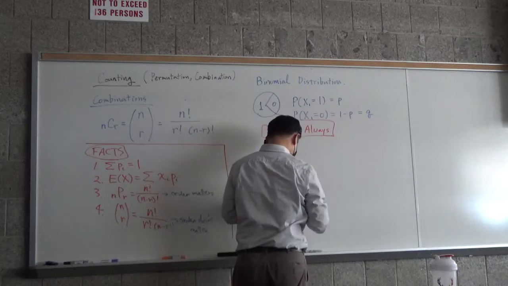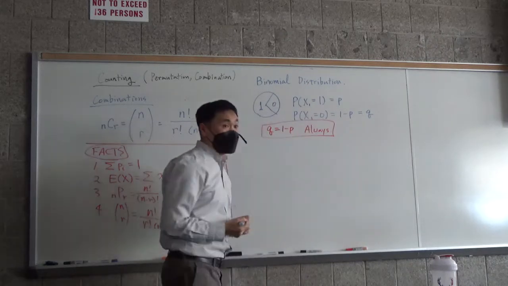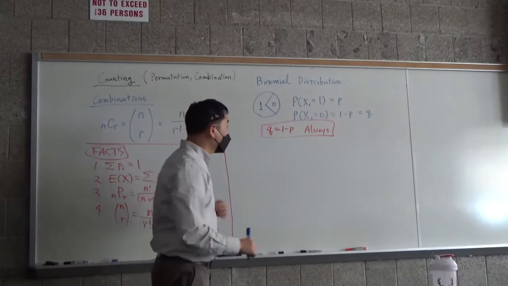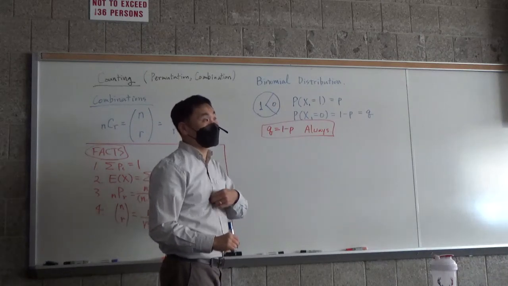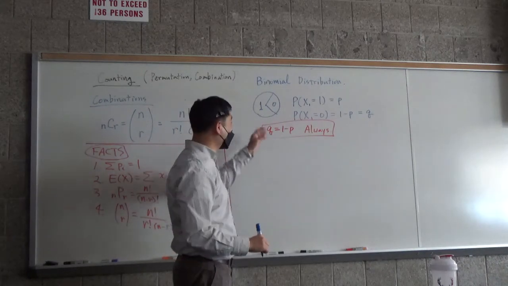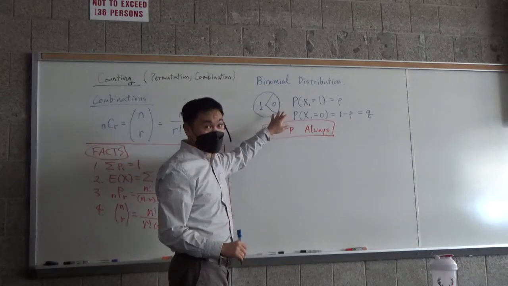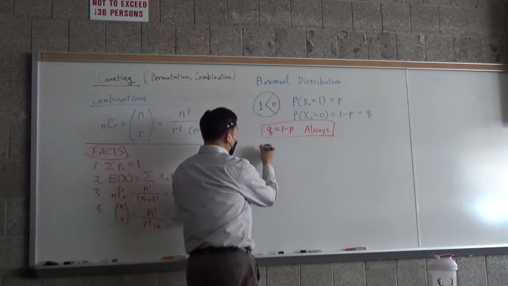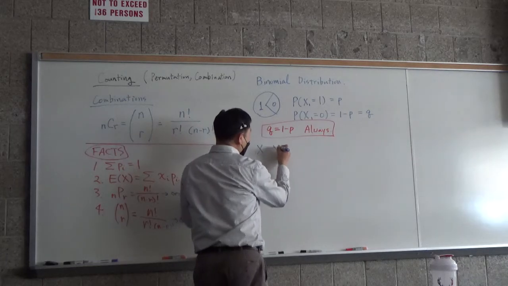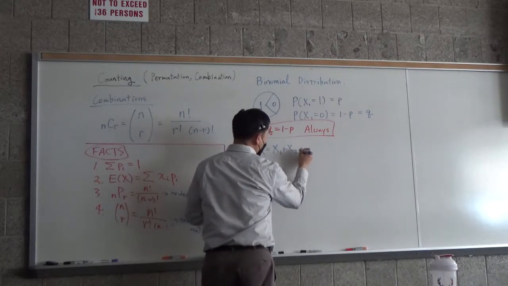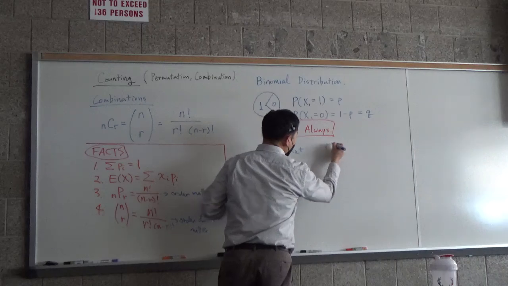Now repeat this n times, and we're interested in the sum of the money we win. In every spin, we either earn $1 or $0. So x will be the sum of x1 plus x2 all the way up till xn.